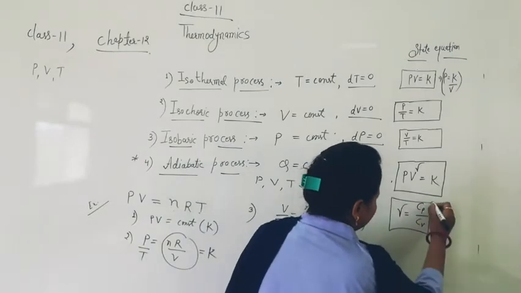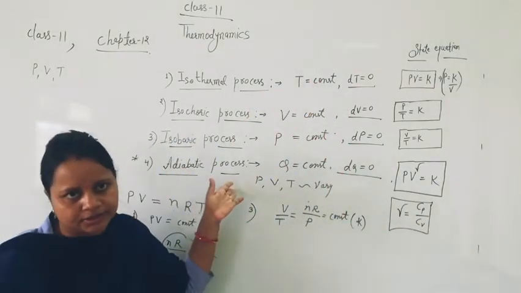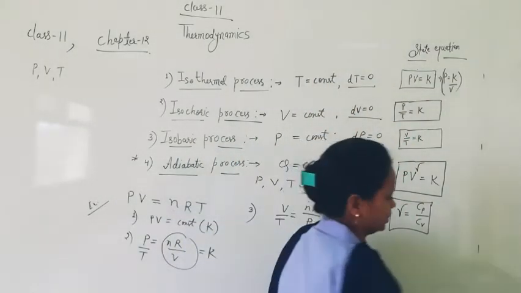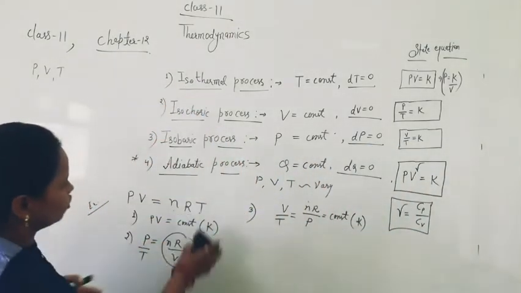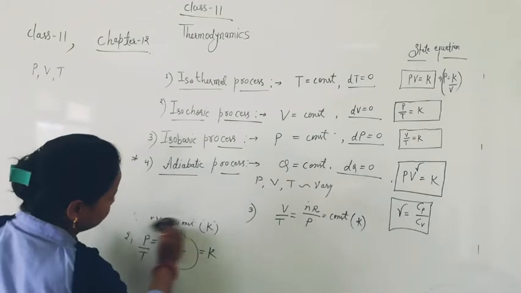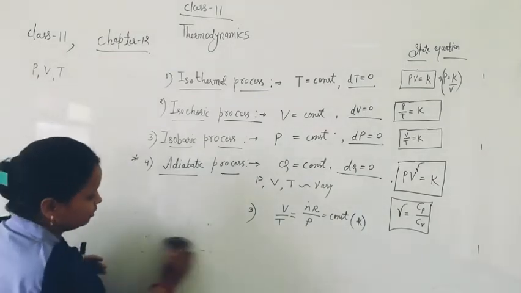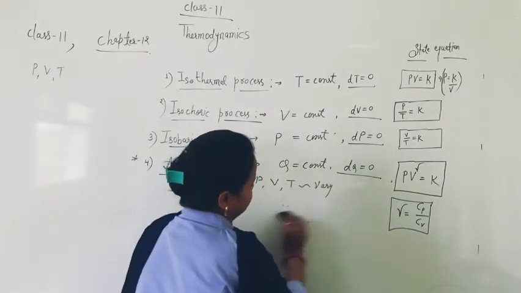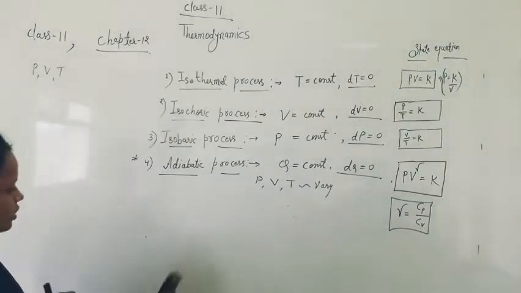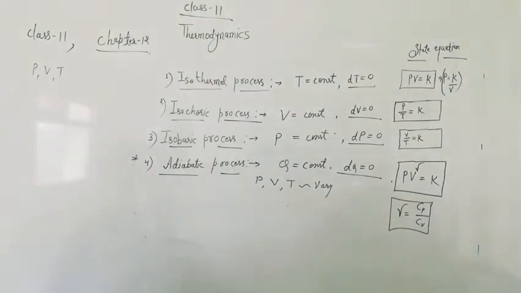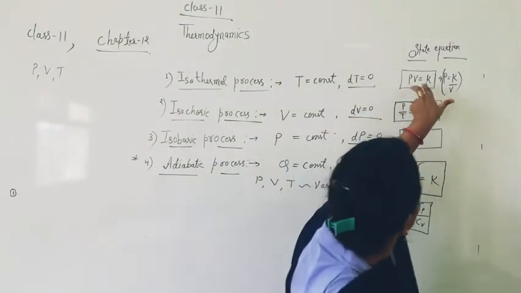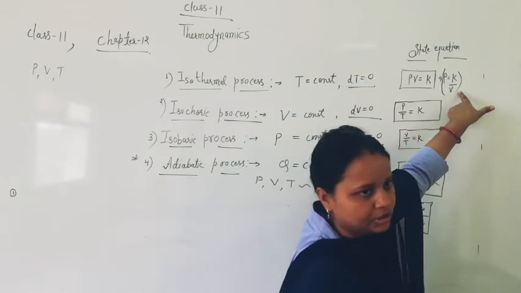So we have these four processes with these four state equations, and now our next topic is the graphical representation of all four processes. For all four processes, we have graphs in the state variables P, V, T. First, for the isothermal process, we have two variables related by this equation.